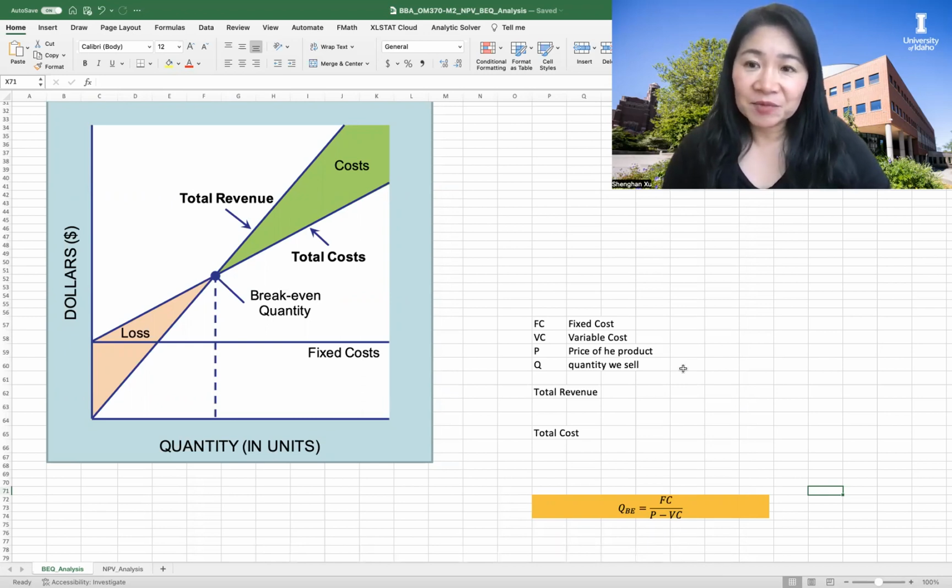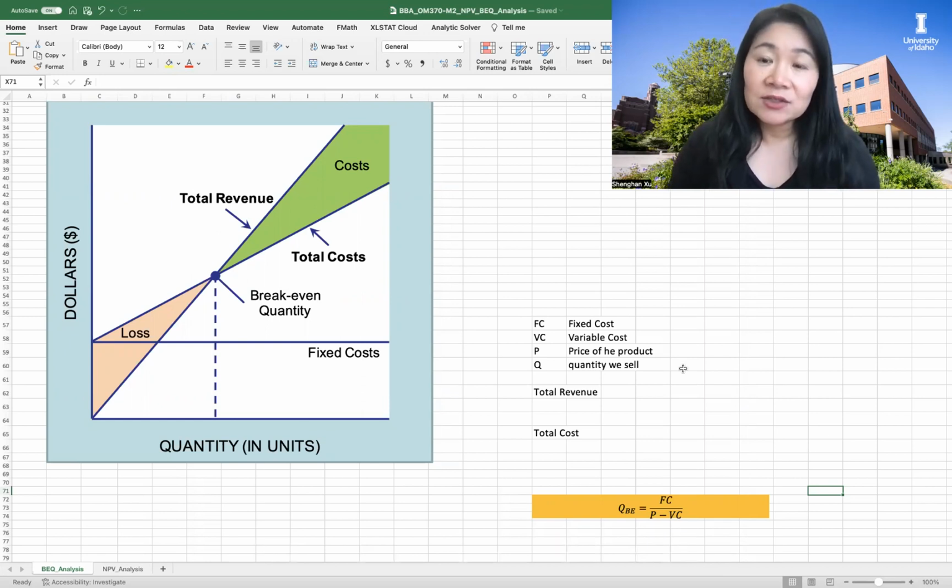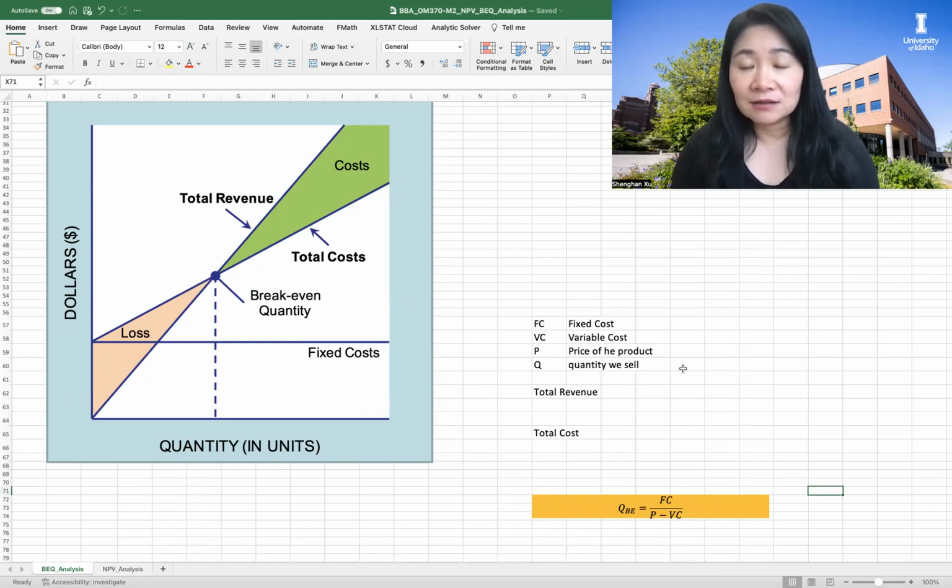Okay, the concept of a break-even analysis is very simple. Generally speaking, when we want to take some action, introduce a new product or service, there's a fixed cost component that we will incur, and then we will also have a variable cost component. What is a fixed cost?